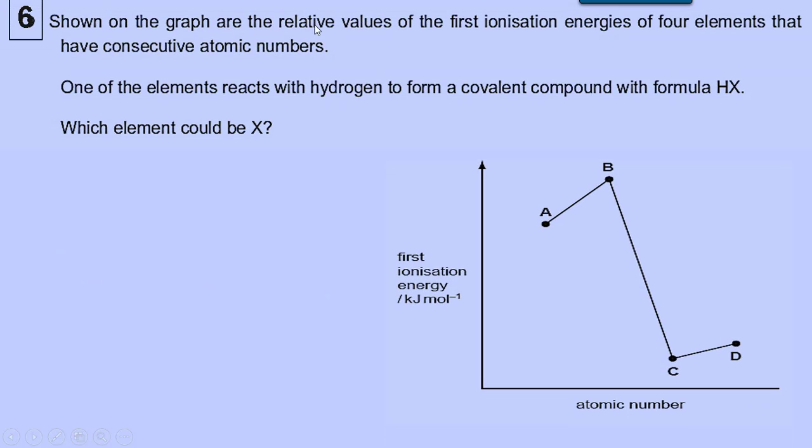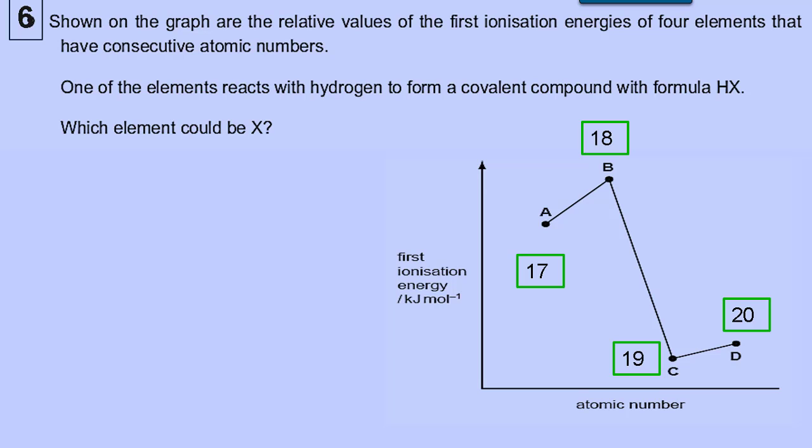Shown on the graph are relative values of the first ionization energies of 4 elements that have consecutive atomic numbers. One of the elements reacts with hydrogen to form a covalent compound with formula HX. Which element could be X? We have to suppose the atomic numbers of these 4 elements from our minds, and to make sense, the element highest in ionization energy will be a noble gas.